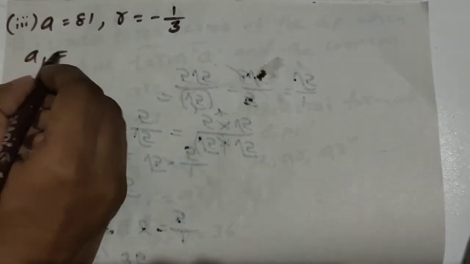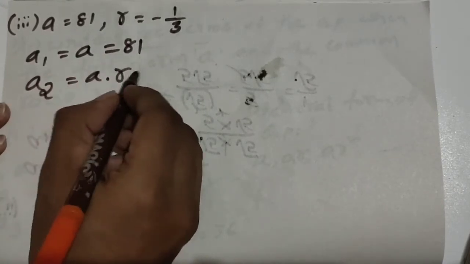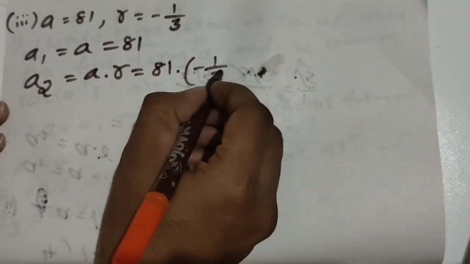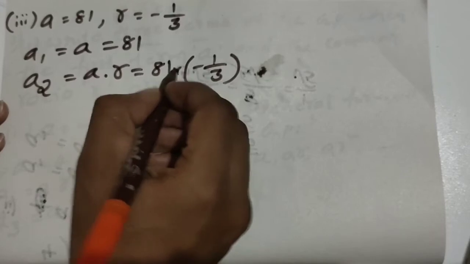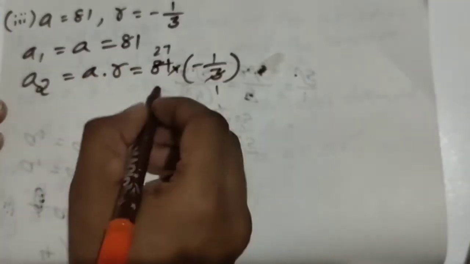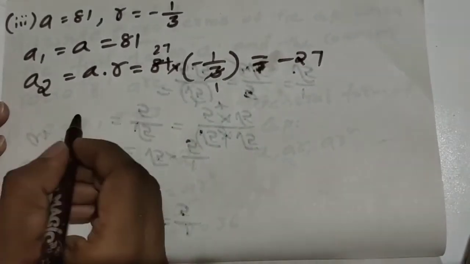So here we have already first term a1, then a1 is equal to a is equal to 81, then second term a2, simply we have to multiply common ratio r to this previous term a, that is a into r. Simply we can write it as 81 into minus 1 by 3. Okay, by cancellation we get 3 27s are 81, that is simply we get minus 27.